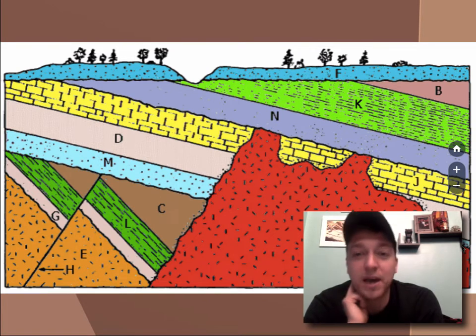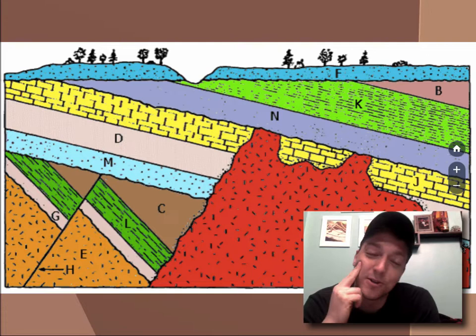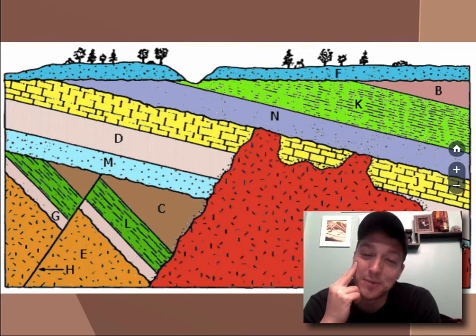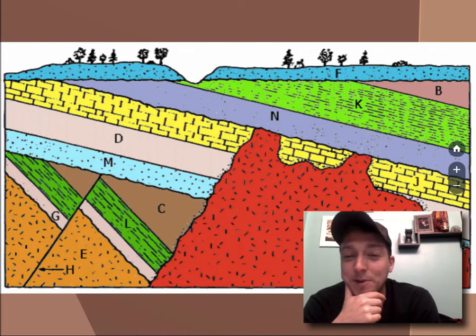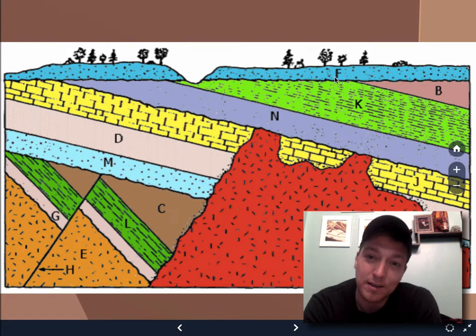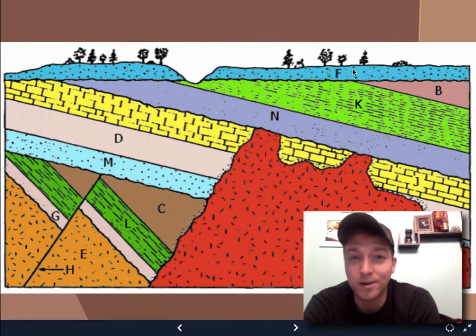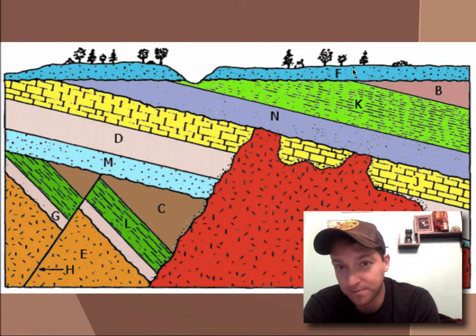Every color and pattern you see here is a different rock layer. And as you can see, they're no longer clean sheets. So this is not easy, but I'm going to ask you, how would you put them in order of youngest to oldest? Well, obviously, layer F is the newest or youngest rock layer because it's on top.